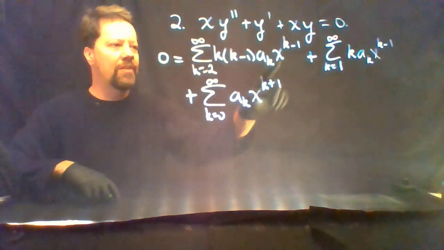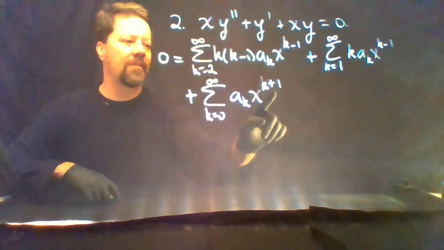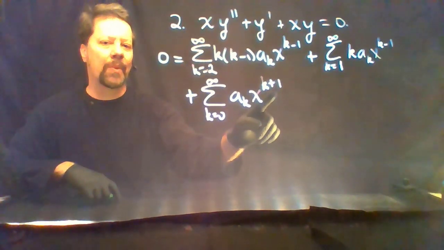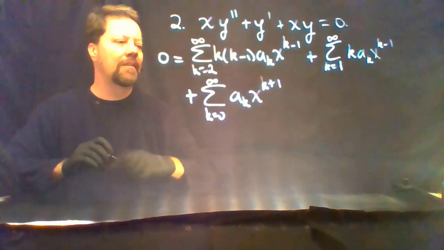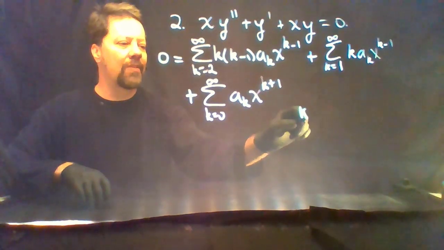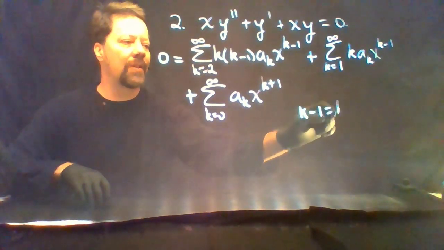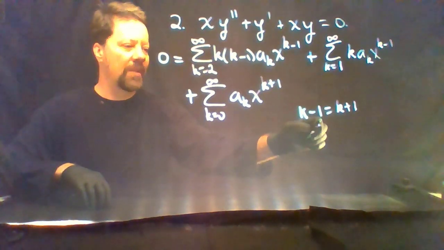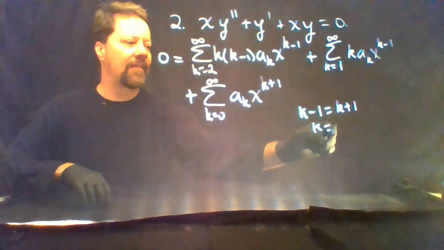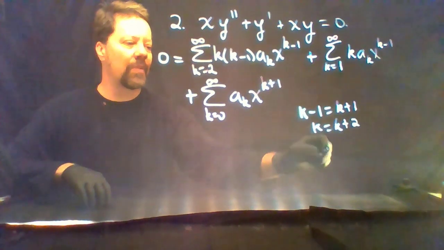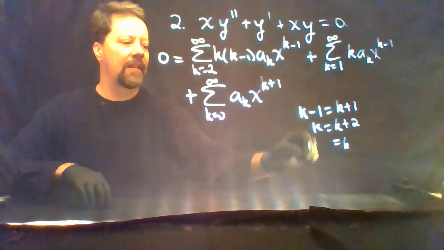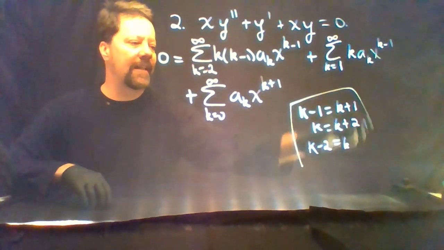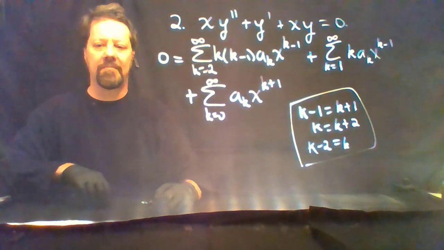We need each of the exponents on x to match. This one is the odd one out, so we're going to re-index this sum. We're going to do it in such a way so that the new index, minus 1, is equal to the old index, plus 1. We'll solve this for big K and get k plus 2. We'll also solve for little k and get big K minus 2. These will help us to re-index this third sum.